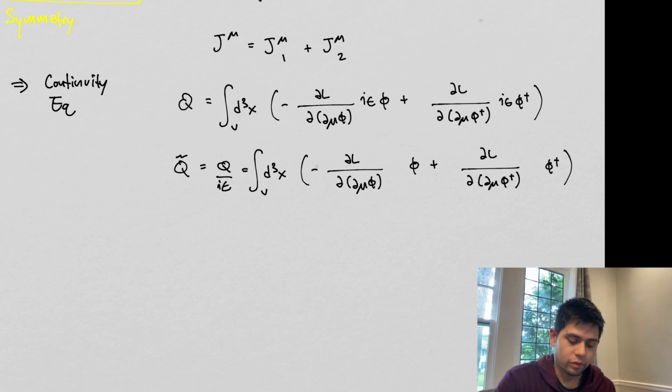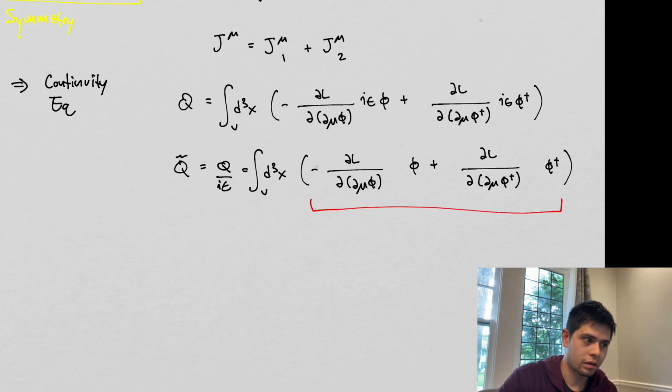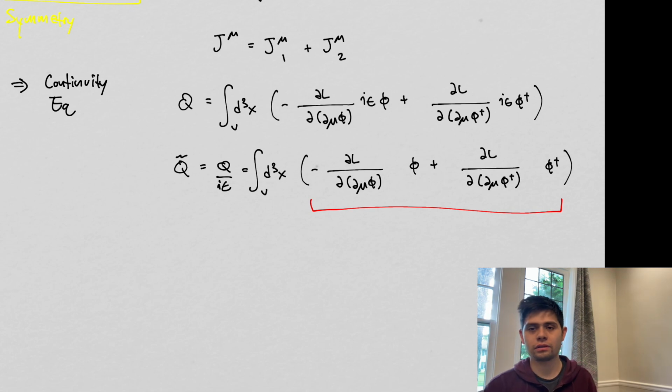What we have now is our invariant quantity. This is the invariant quantity that happens under a phase shift for a complex scalar field. We phase shift the values in our field, and the thing that's invariant is what I've just underlined here in red. We're not going to name this anything.